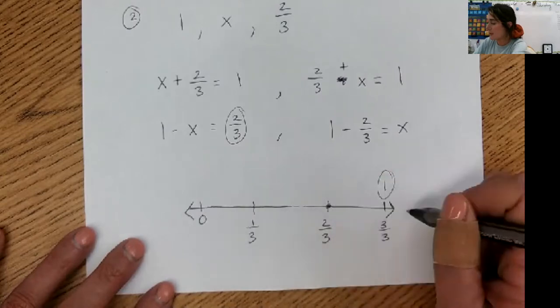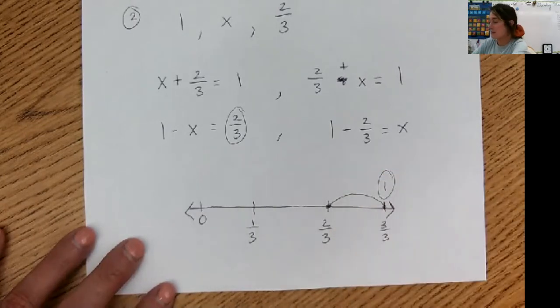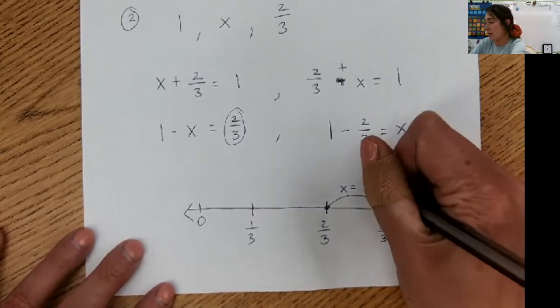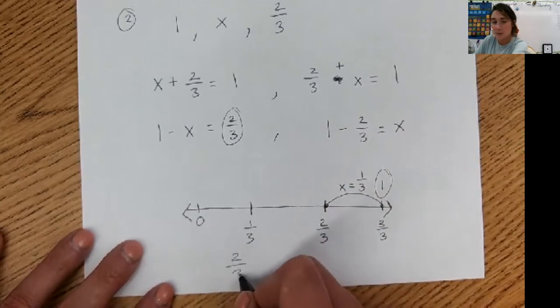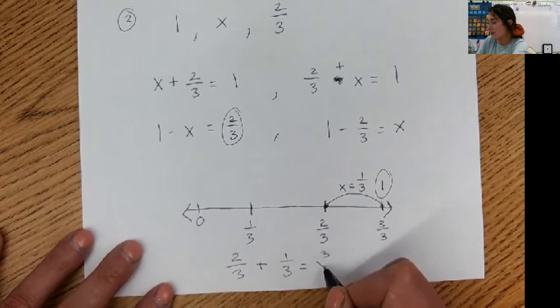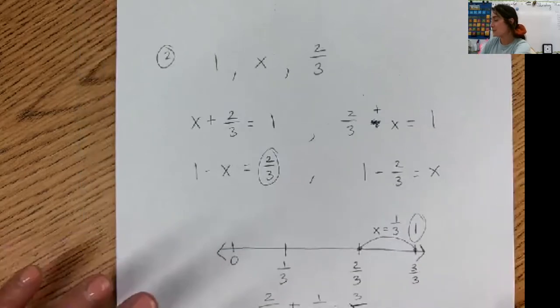If I start here to here, what do I have to add? This is x. X equals what? X equals 1/3. Because 2/3 plus 1/3 equals 3/3. Good.